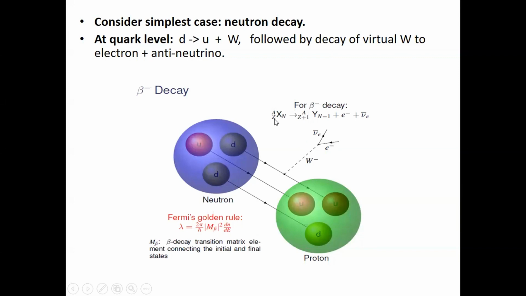So the whole process is that a nucleus is converted into another nucleus, and you see the electron, the beta particle, and the antineutrino, the neutrino bar with the electron, is emitted.